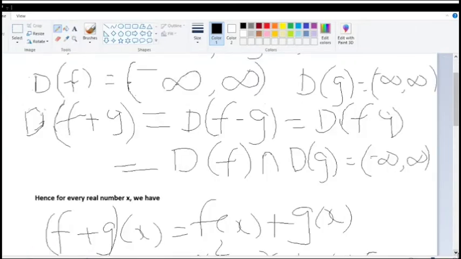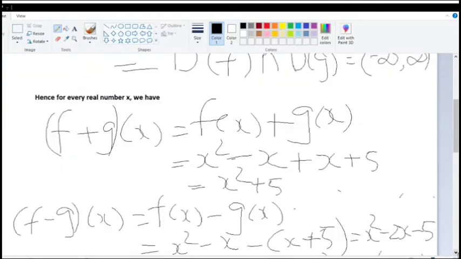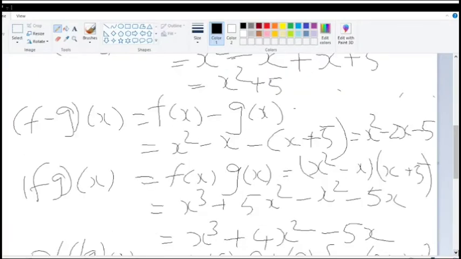Hence for every real number x we have f plus g of x equals f of x plus g of x. Here f of x is x square minus x and g of x is x plus 5. So the sum is x square plus 5. Now f minus g of x equals f of x minus g of x, which is equal to x square minus x minus (x plus 5), which is equal to x square minus 2x minus 5.